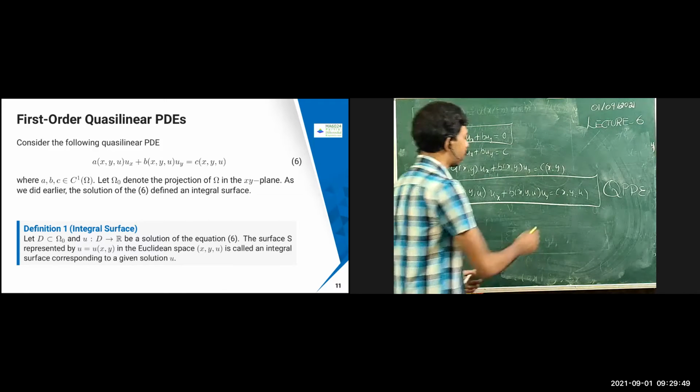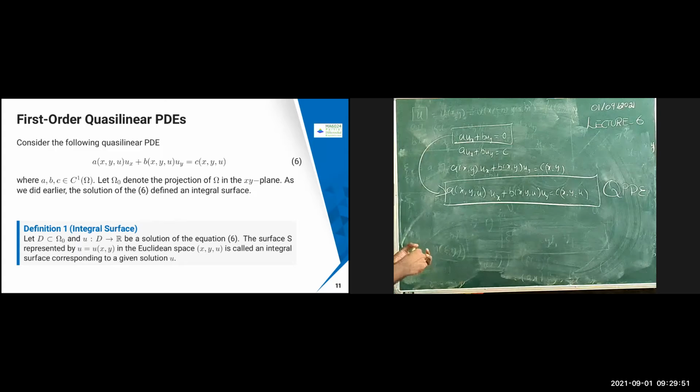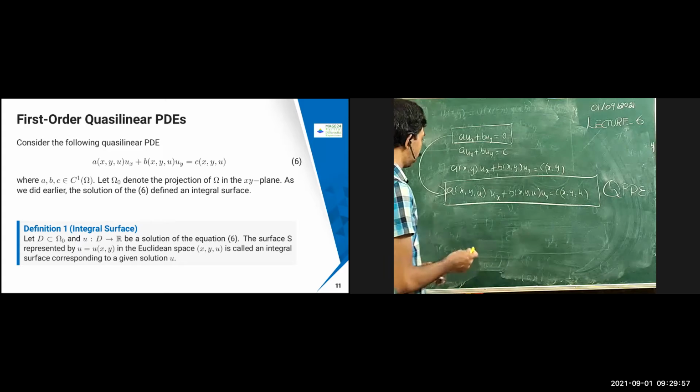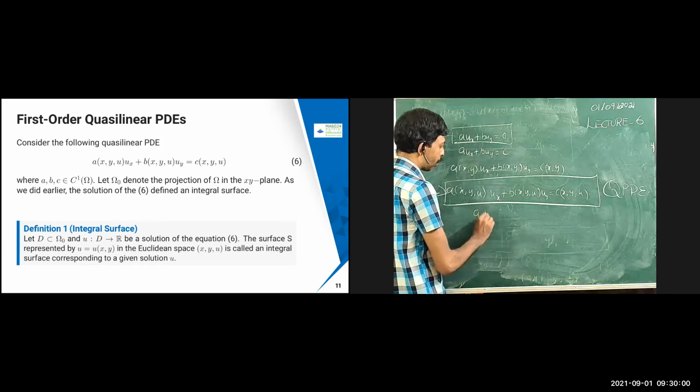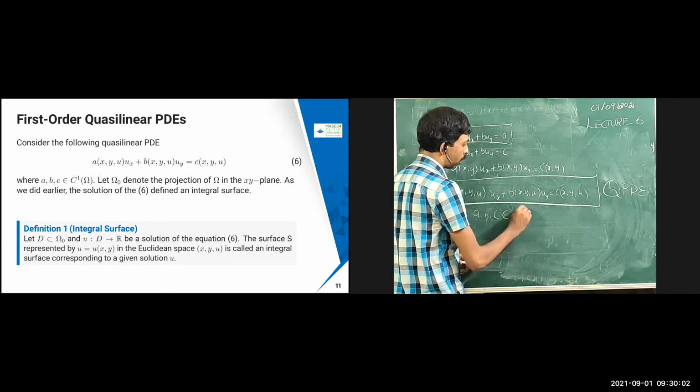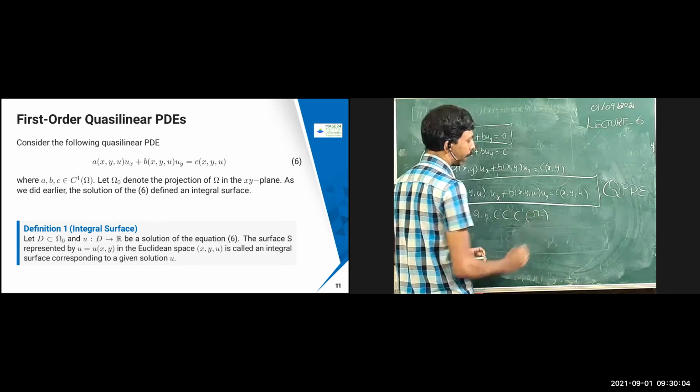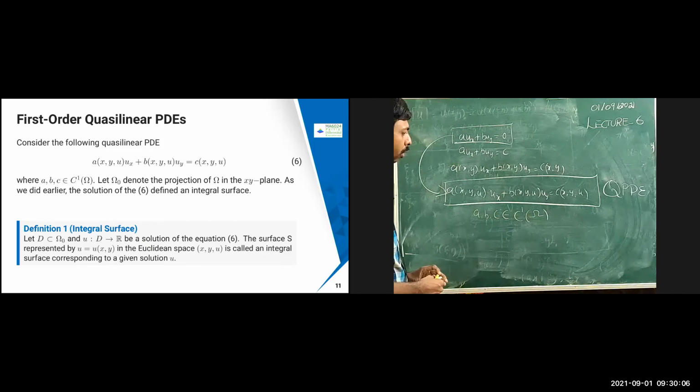So in this case, I'm going to obtain the same idea that I did in the last one. So here the conditions are a, b, c belong to C1 of omega. That means I'm expecting a classical solution, at least a classical solution.